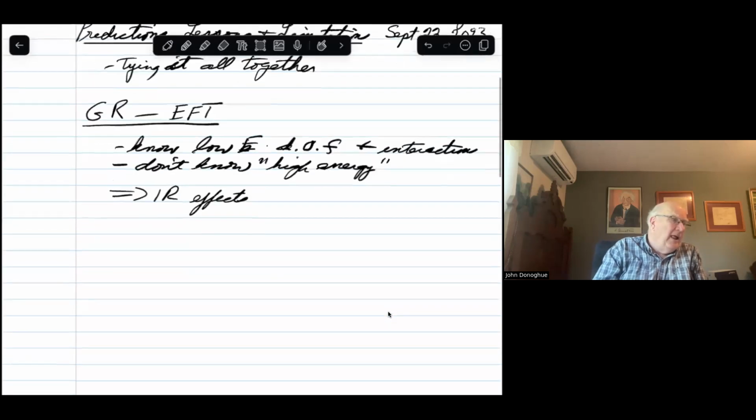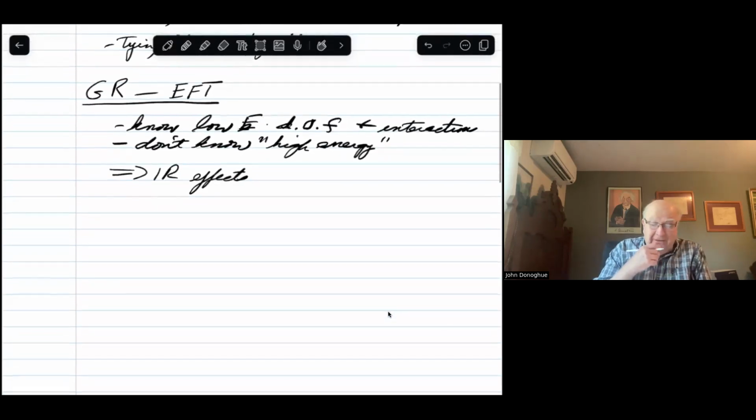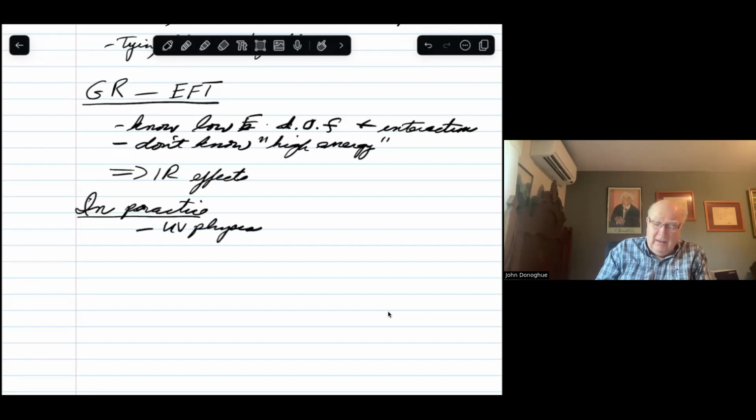And effective field theory has told us how to do that. So there's a practical way to do that. The UV physics, the unknown stuff, by the uncertainty principle, is local.